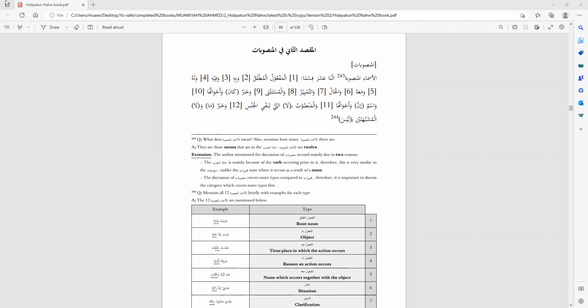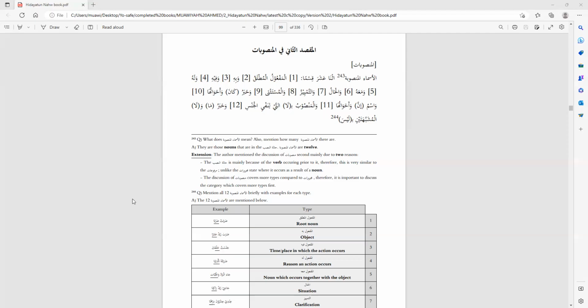The mansub nouns are of 12 types: المفعول المطلق, the مفعول مطلق; ومفعول به; ومفعول فيه; ومفعول له; ومفعول معه; والحال, the state; والتمييز, the clarification; والمستثنى; وخبر كان وأخواتها, the khabar of kana and its sisters; واسم إن وأخواتها, the ism of inna and its sisters; والمنصوب بلا التي لنفي الجنس, the mansub of la, which negates a whole genus; وخبر ما ولا المشبهتين بليس, and the khabar of ma and la, which have similar meanings to laysa.